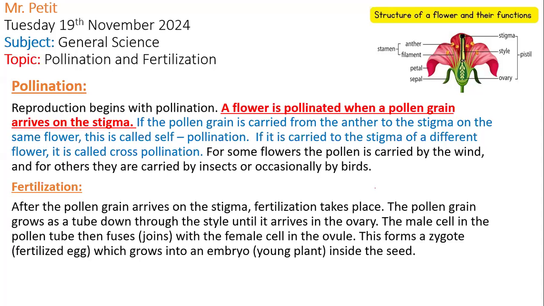When it reaches the ovary, the male cell inside the pollen tube is going to join or fuse with the female cell in the ovule. And then they're going to fertilize each other. That fertilized cell, we call that the zygote. It's called a fertilized egg, called a zygote. And that's going to grow into an embryo, and an embryo is a young plant inside the seed. And that's how reproduction happens in plants.